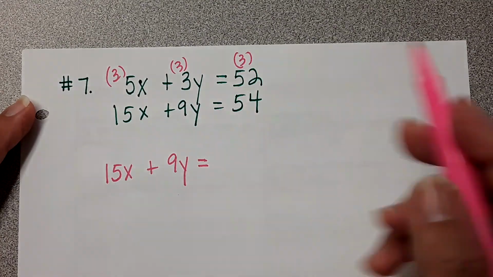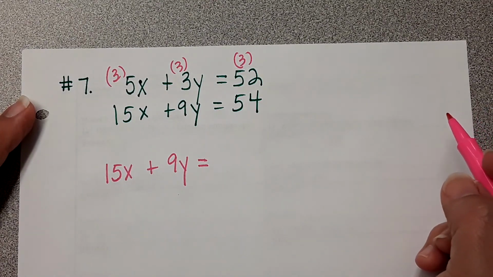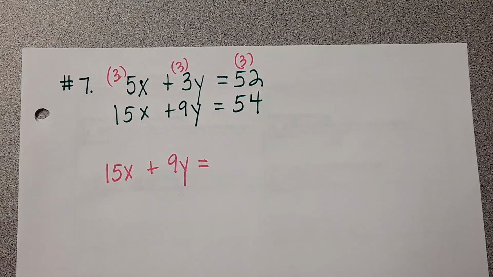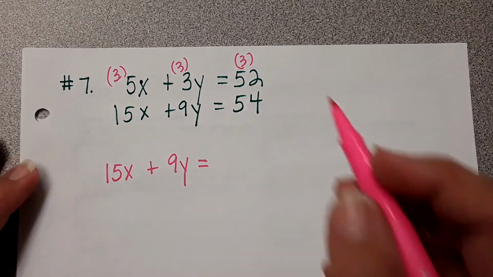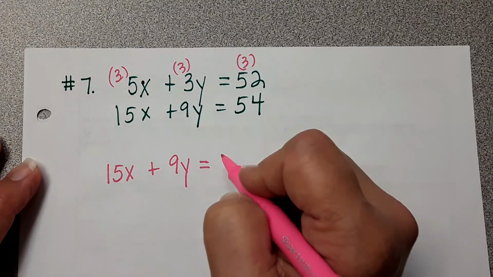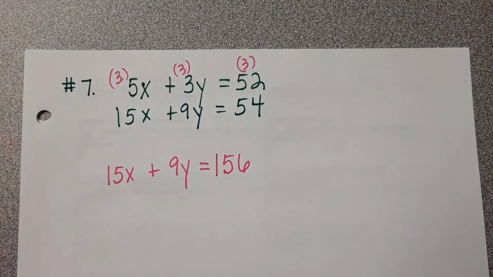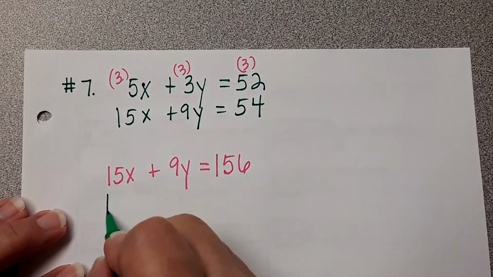And 3 times 52 is 160. Is that what you guys got? You're like, no, because I haven't even done the problem yet, Miss Fleury. And it's not 160 because 3 times 2 is not 10. It is 6. So this is 156. And then the bottom equation is going to stay the same.